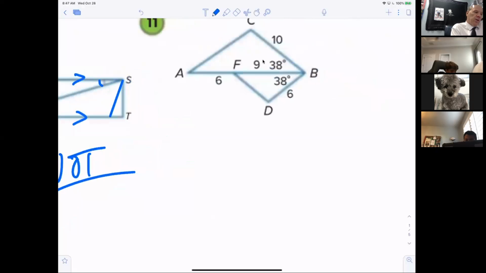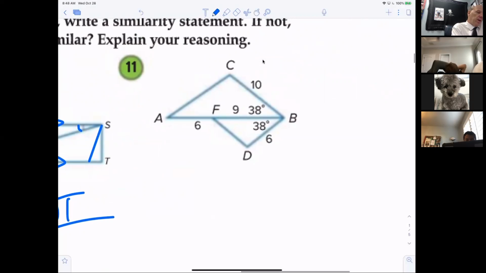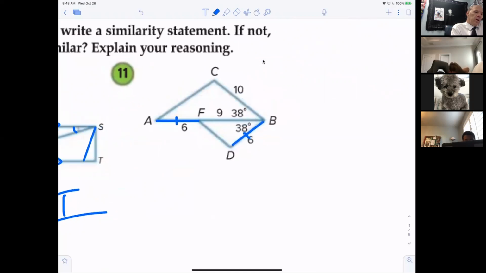All right, so let's look over here. Yeah, this one's kind of annoying, right? So I have AF is 6, so that's this. And then I have this is 6. So I'm looking for, obviously, side angle side. Does everybody agree with that? So the 38s are equal.